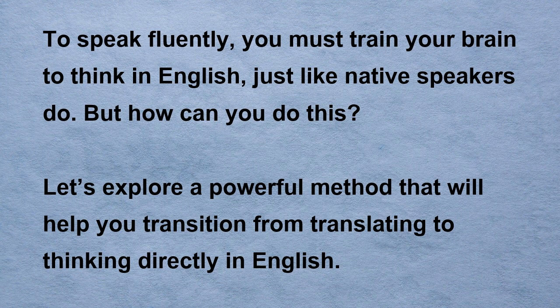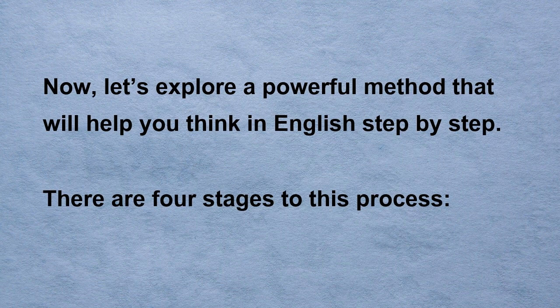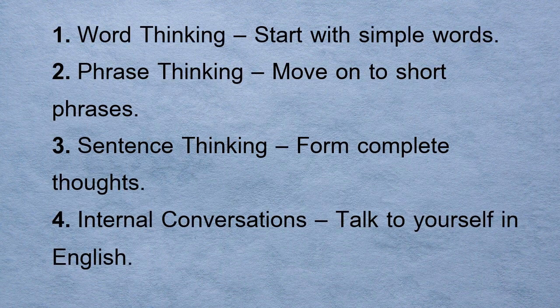Let's explore a powerful method that will help you transition from translating to thinking directly in English, the four-stage method to think in English. There are 4 stages to this process. 1. Word thinking. Start with simple words. 2. Phrase thinking.